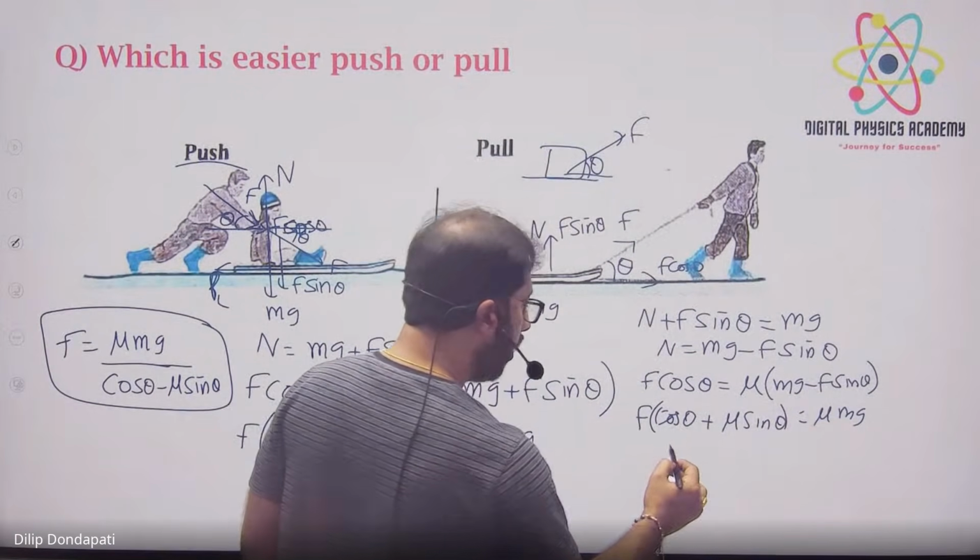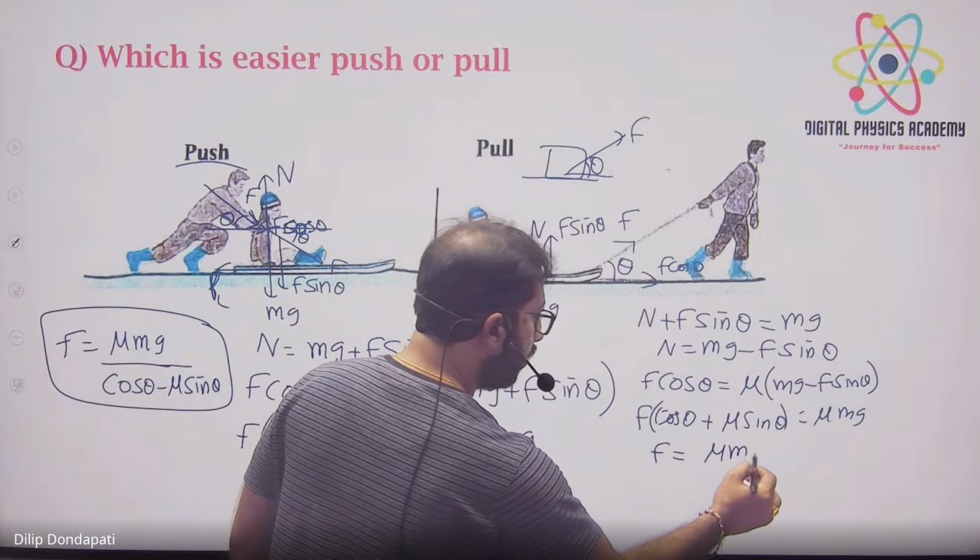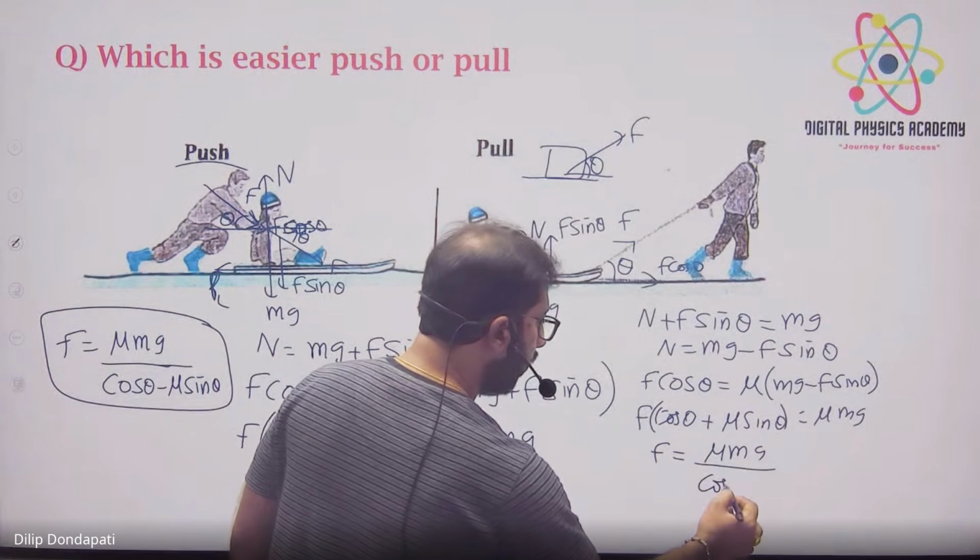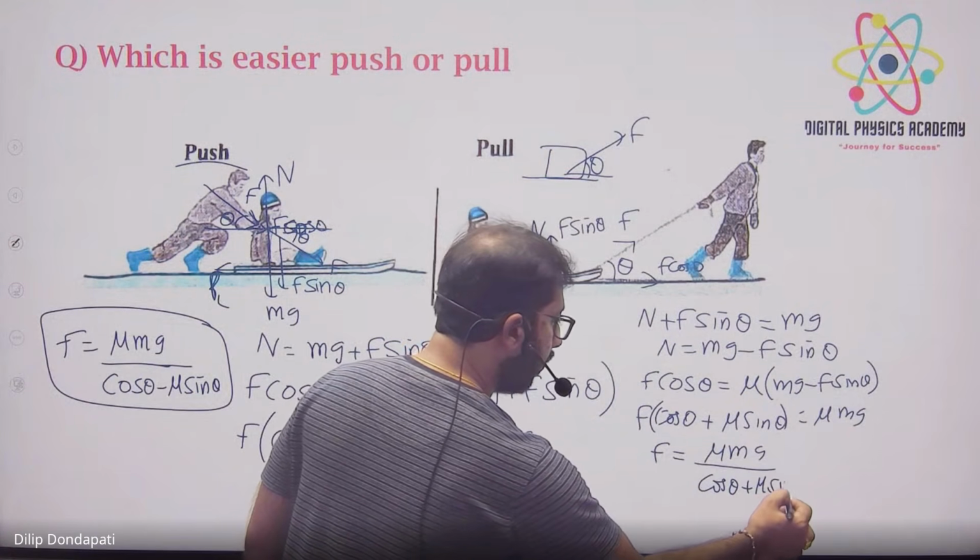So therefore F is equal to mu mg by cos theta plus mu sin theta.